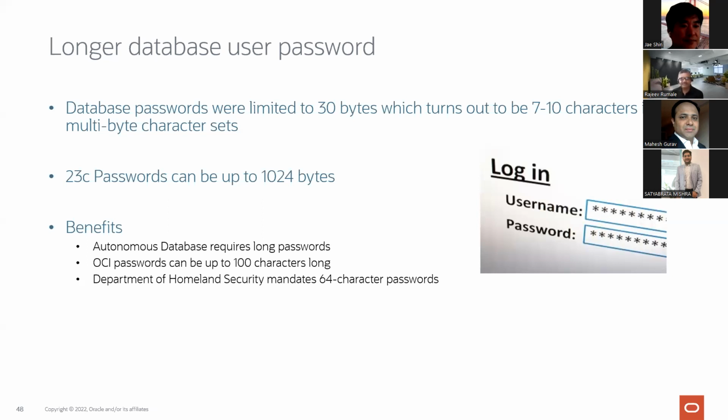Because the same character uses more than one byte, 30 bytes will limit the number of characters you can give for a password. So in 23c, we have increased this limit to 1024 bytes. That means we can have passwords which are like a sentence long, right?